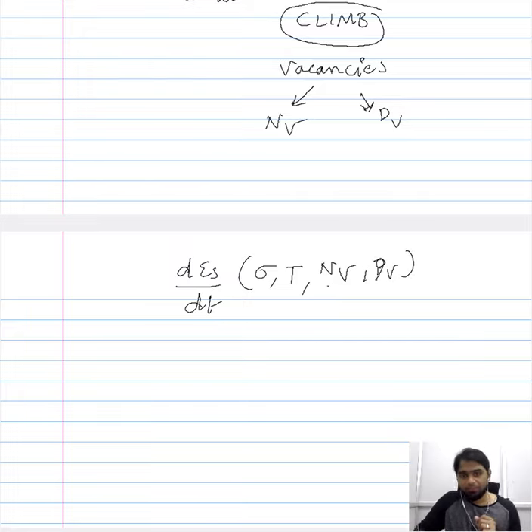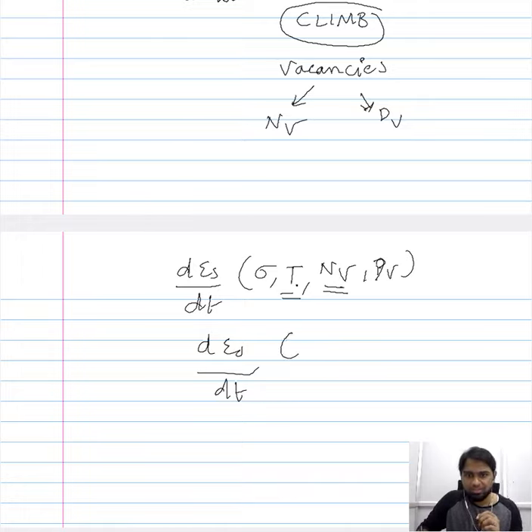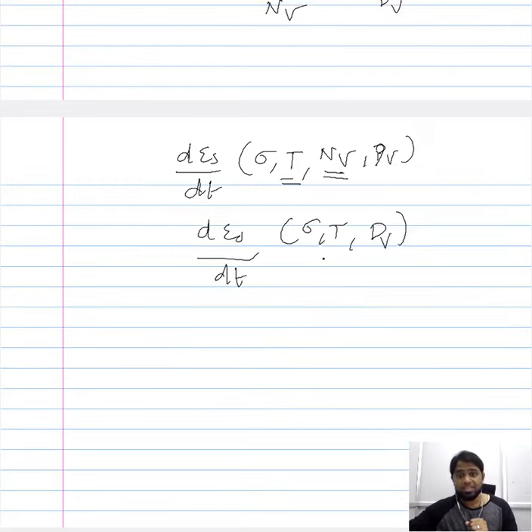Since the number of vacancies is relatable to temperature, it is dependent on the temperature, then those two are dependent terms, and you can just get rid of the NV here, the number of vacancies, and consider the T to be the independent variable, and ultimately this is the expression that you end up with. And these are the factors that govern the steady state strain rate under dislocation creep.